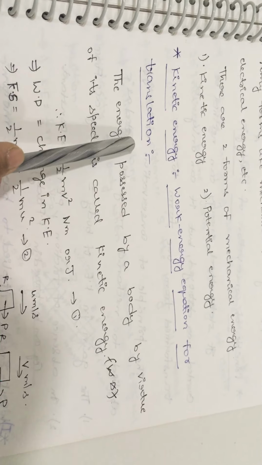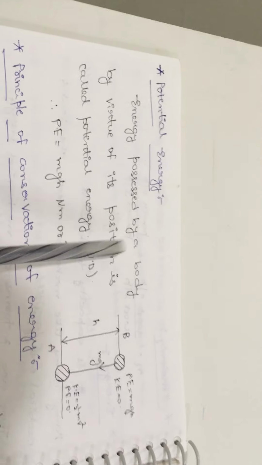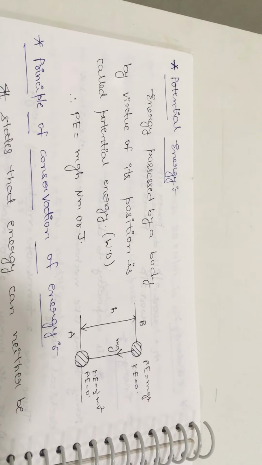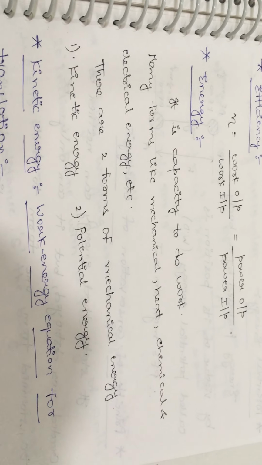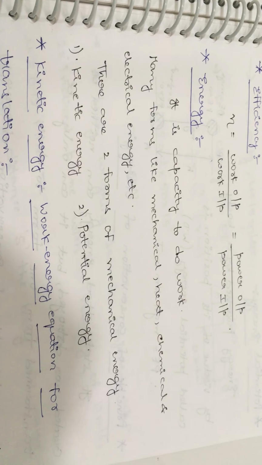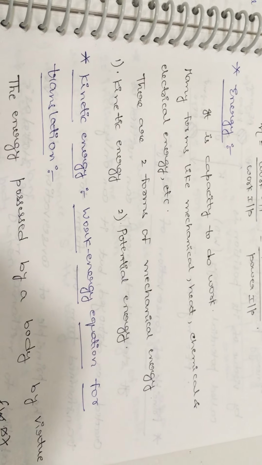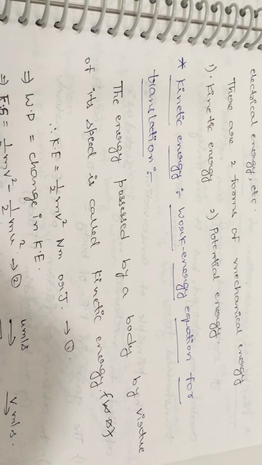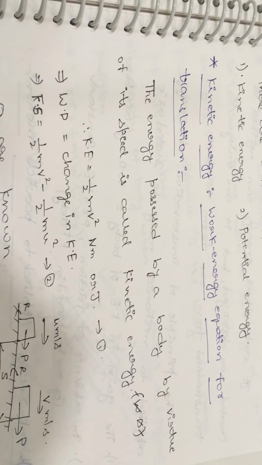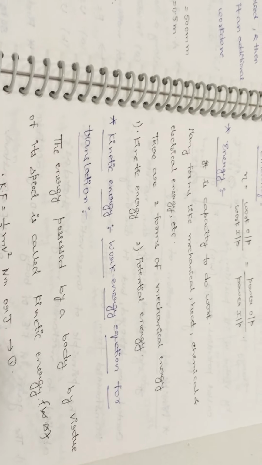So this is the kinetic energy and this is the potential energy. These are the two forms of the mechanical energy. Once again see the energy concept. This is the energy. It is nothing but a capacity to do the work done. And these are the two forms of the mechanical energy, potential energy and kinetic energy.